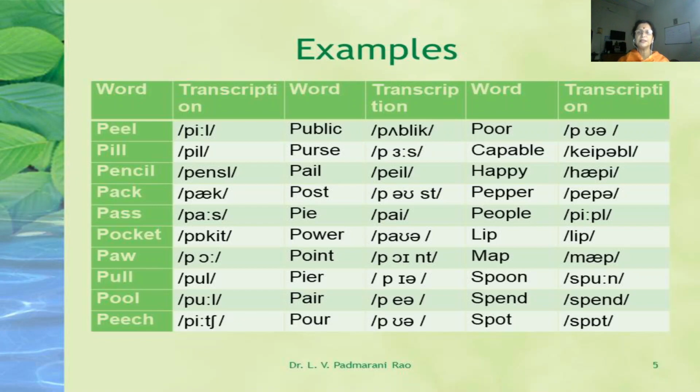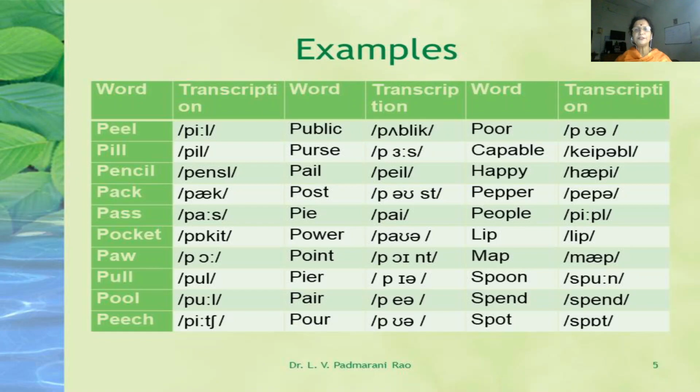But when p, t, k occur in the word initial position of an accented syllable, they are uttered with a slight h sound. H. It should not be so distinct that h is pronounced with greater emphasis, but a slight h sound is to be audible while you are pronouncing words where p, t and k sounds occur in the word initial position of the accented syllable.